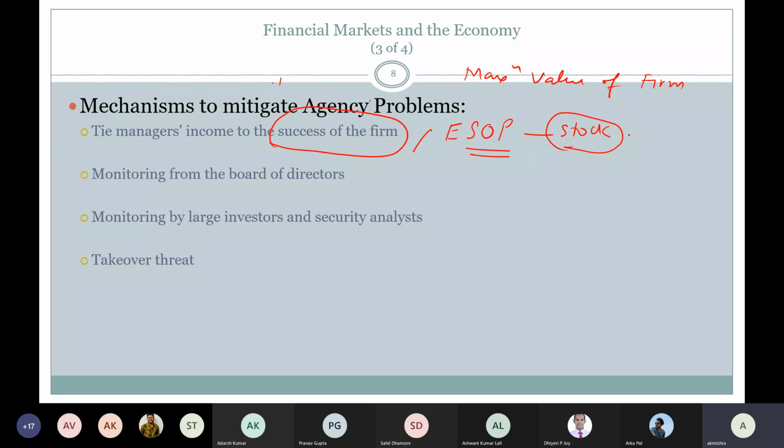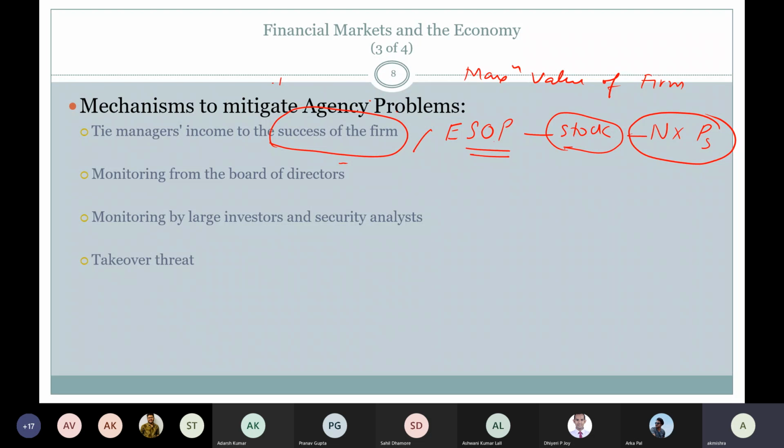You can think about n number of ways by which the perception about the company or the value of the stock can be maximized. Let's say you have n number of stocks and the price of each stock is PS. This is nothing but the portfolio, the wealth of the manager that the company has allocated to the manager.